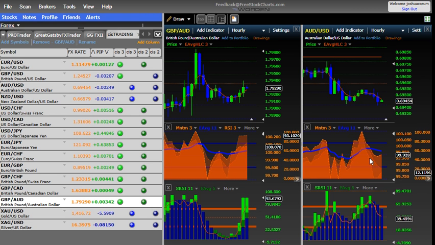So what we expect to see is a little bit lower here, at least down into the 69.20 range today. And for the British pound Australian dollar, perhaps all the way up to the 179.95 to 180.05 region.